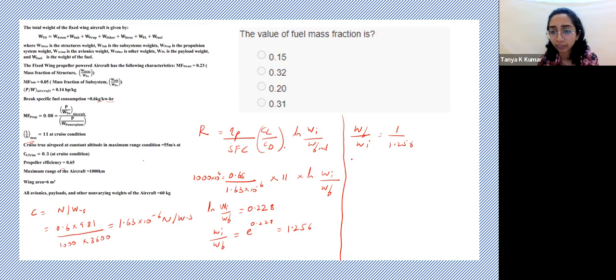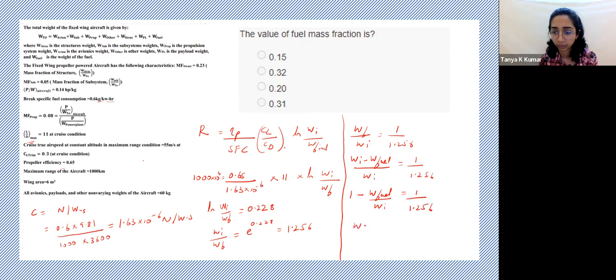So the final weight is nothing but initial weight minus weight of the fuel consumed. Right? And then I retain the same equation 1 by 1.256. So this is 1 minus weight of fuel by weight initial, which is 1 by 1.256.